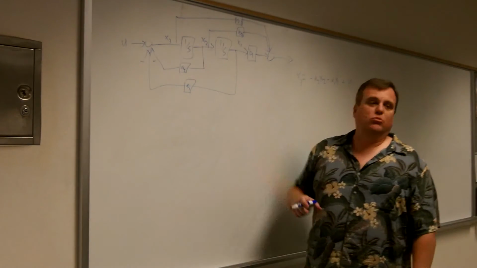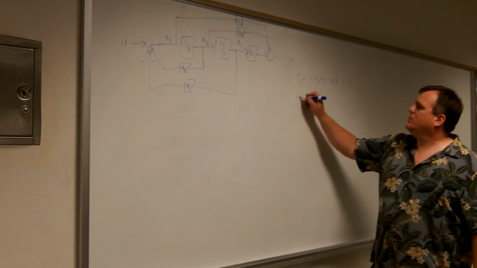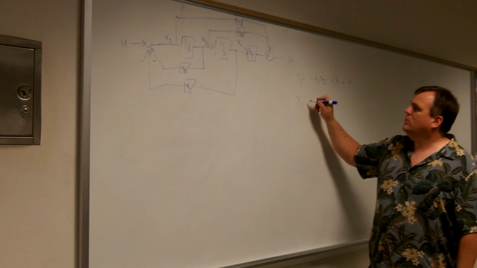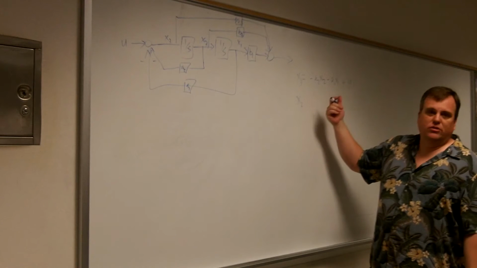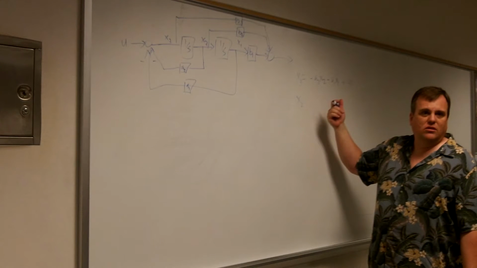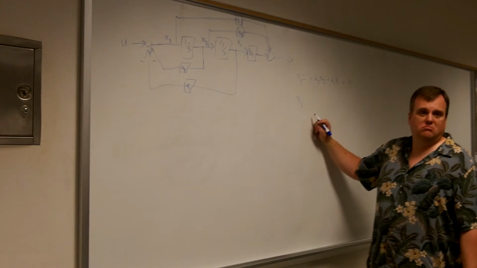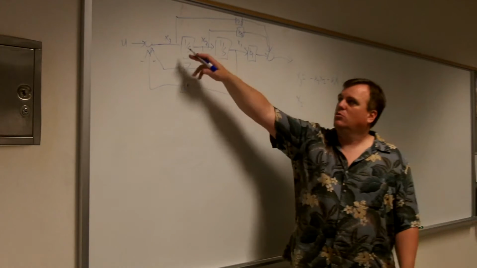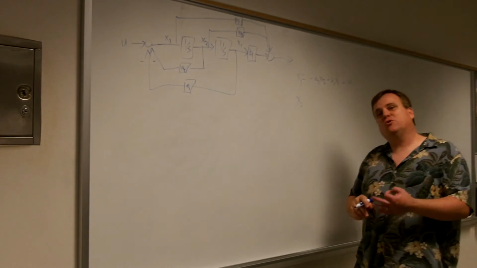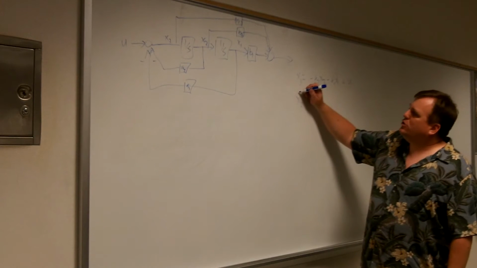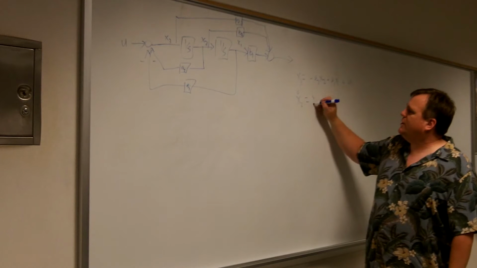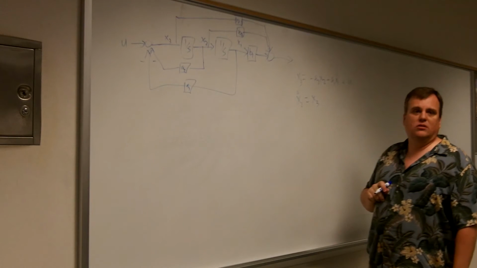How about x2? What's the expression for x2? 1 over s times x3. So I had to integrate x3. That's integration, which tells you that if I took the derivative of x2, that would give you x3, right?